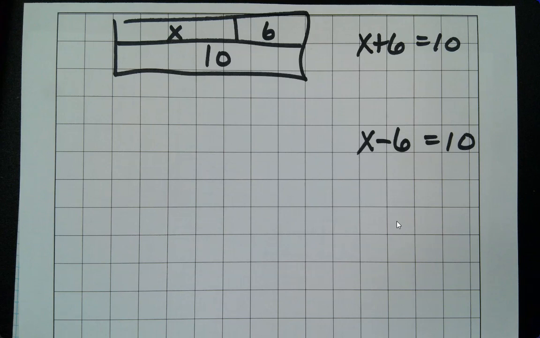Tori told you that this amount right here is 4 units long. So how can I represent this box as an algebraic equation? X minus 4. Are we okay with that?